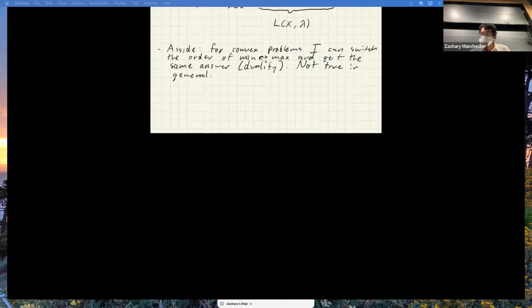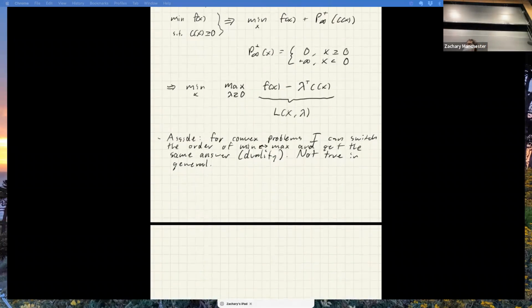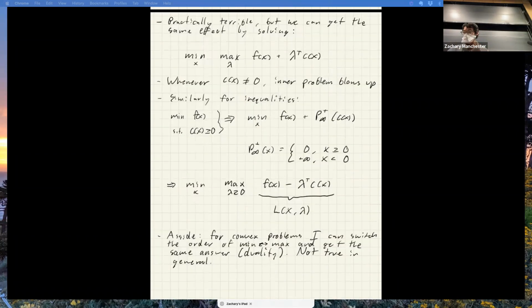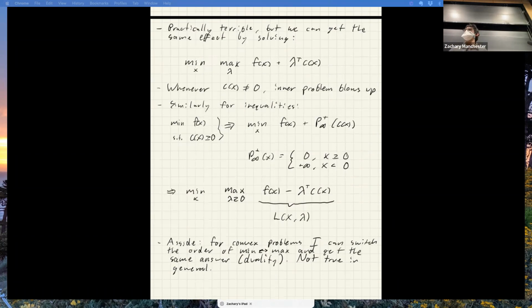Okay, so now the next sort of like where this is going. Let's just think about the equality case for now, right? I'm doing this minimax thing, right? When I solve KKT conditions with Newton's method in both X and lambda simultaneously, like we did before, what sort of fixed point am I finding there?